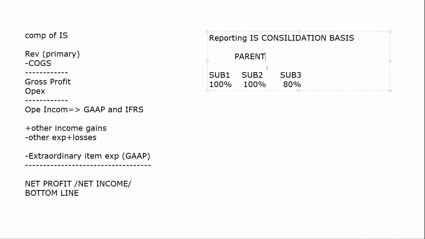They may have 40 branches or 100 branches, and it would be time consuming and space consuming to put everything on the website to disclose all this information. They disclose only the consolidated. If an investor wants to investigate each subsidiary or branch separately, they may request the parent to provide these financial statements or income statements.